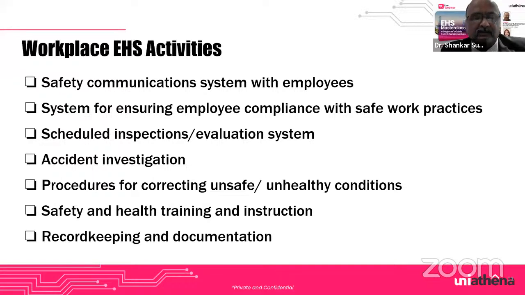So you have audits, scheduled inspections, evaluation systems, immediate accident investigation, procedures for correcting unsafe, unhealthy conditions, safety and health training and instructions, record keeping and documentation. As I said, everything has to be documented. Even a miss is documented. If you see a pattern, it means that people are not taking care. A miss can ultimately lead to an accident, which is not good.